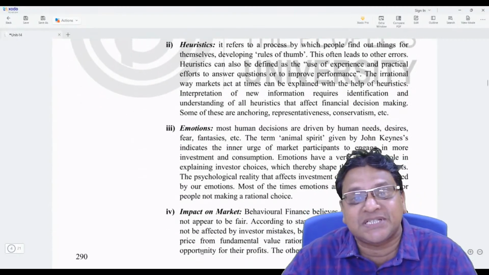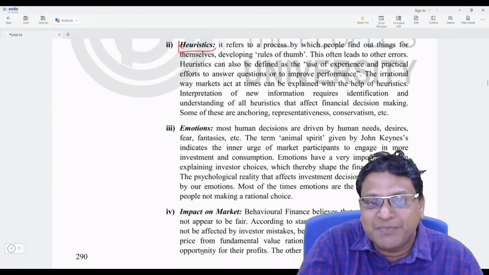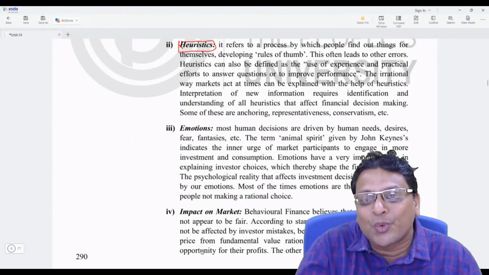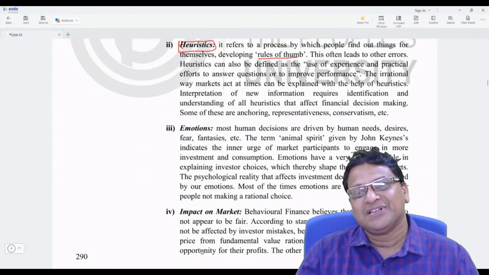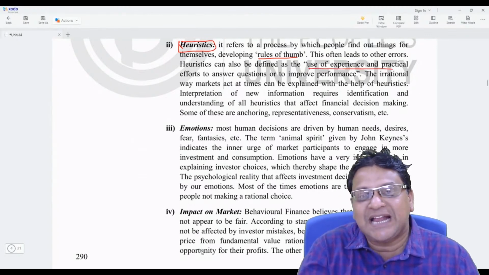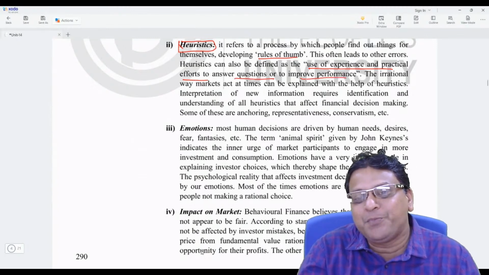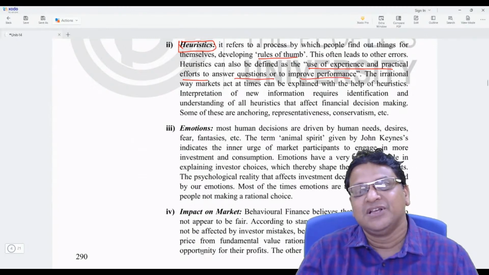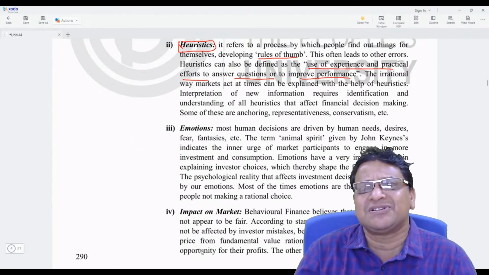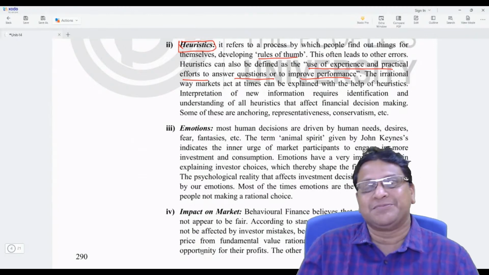Next one is heuristics. It's a most important thing. What is heuristics? Heuristics means rule of thumb. Certain people use experience and practical efforts to answer questions or improve performance. So investors generally develop certain rules of thumb for themselves.